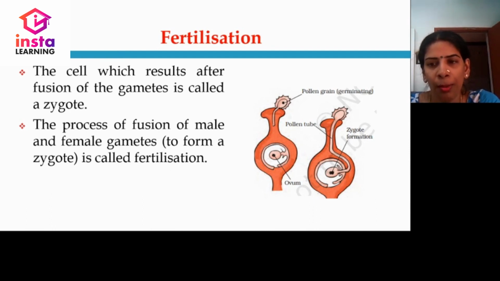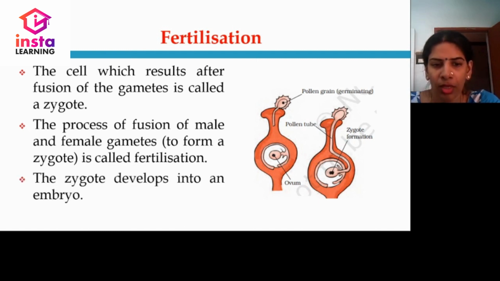It forms a pollen tube. The pollen tube reaches the egg and fuses with the egg to form the zygote. Pollen grain, after germinating only, will form the pollen tube so that it can reach the egg. The zygote develops into an embryo.